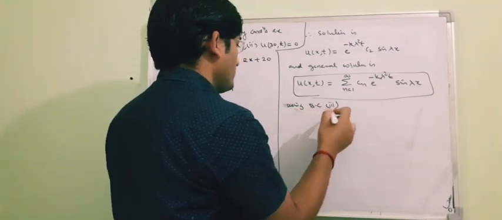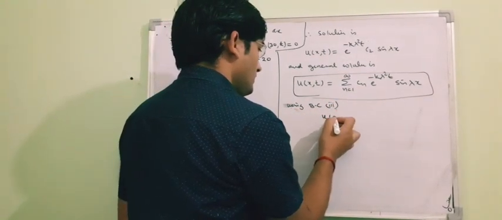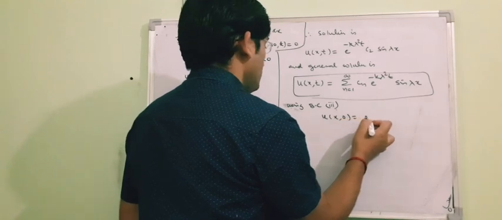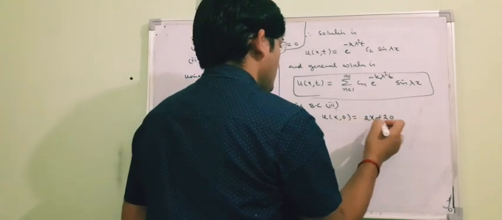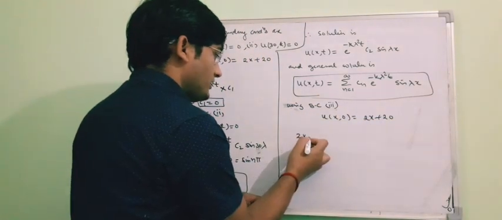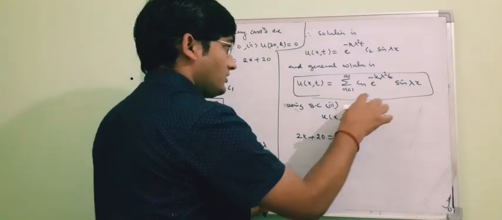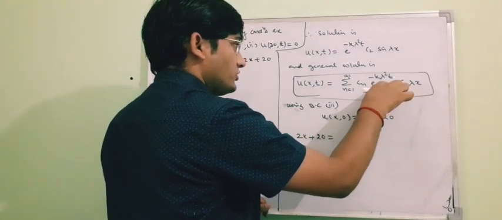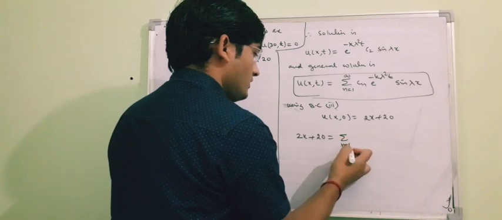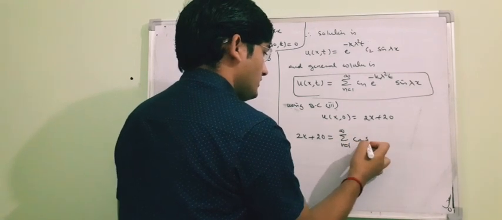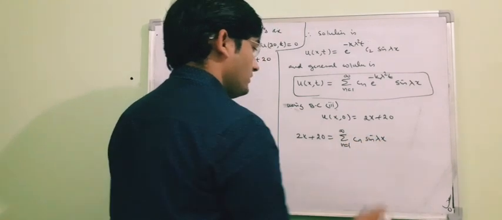Using boundary condition 3, when your time is 0, the initial temperature is 2x plus 20. So on the left hand side we have 2x plus 20, and on the right hand side t is 0, so e to the power 0 is 1, and we have Cn sin lambda x.